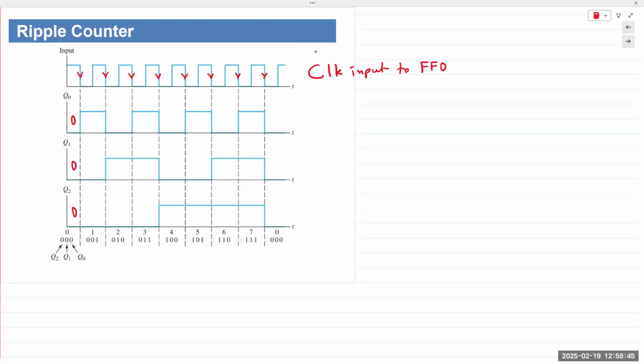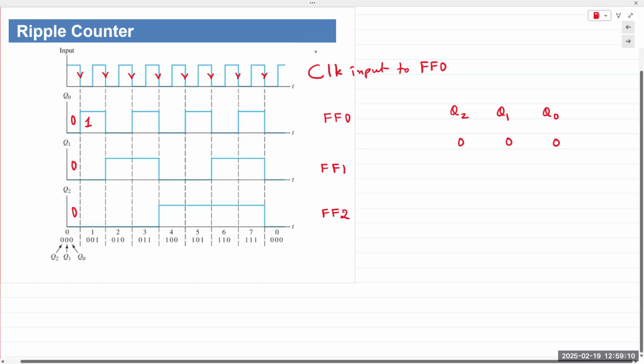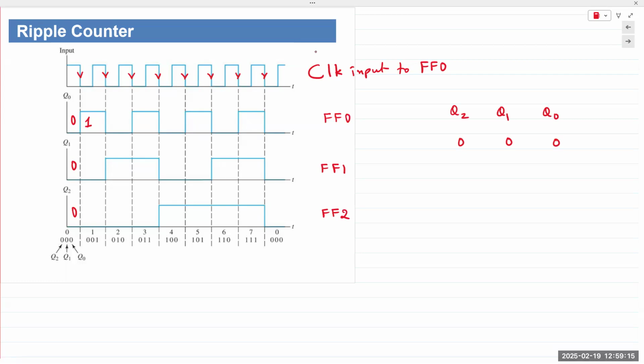Negative edge trigger, output toggles to 1. That's flip-flop 0. Again, this is FF0, FF1, FF2. Output will be read as Q2, Q1, and Q0. So first state is 0, 0, 0. When the next clock cycle arrives, the negative edge doesn't arrive until this point right here.